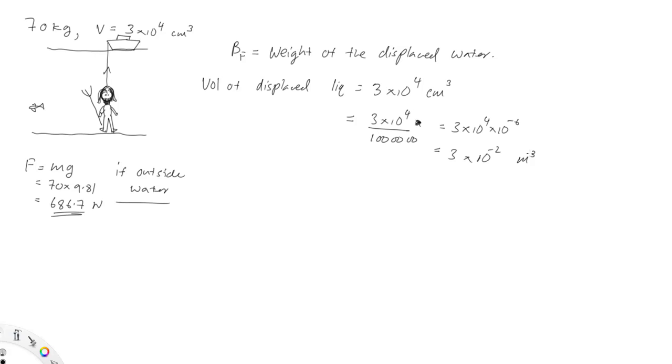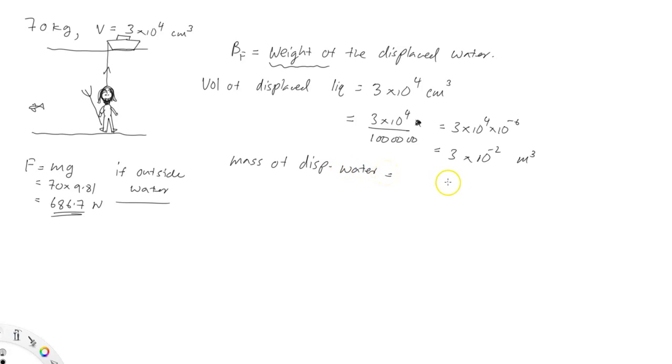So the volume of the displaced liquid is 3 times 10 to the negative 2. What we need is the weight of the displaced liquid. So let's find the mass of the displaced water or liquid.